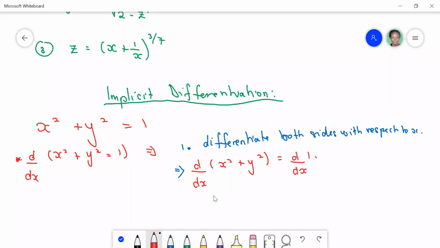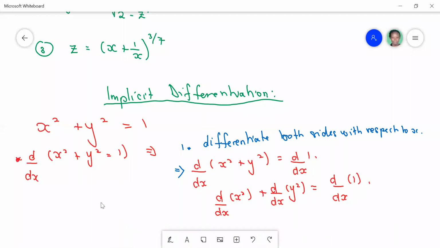This I can write as, differentiating each of the terms with respect to x: d/dx of x squared, plus d/dx of y squared, equal to d/dx of 1.